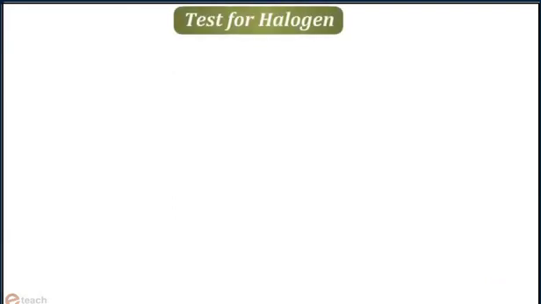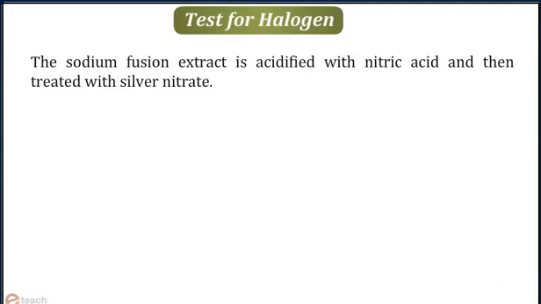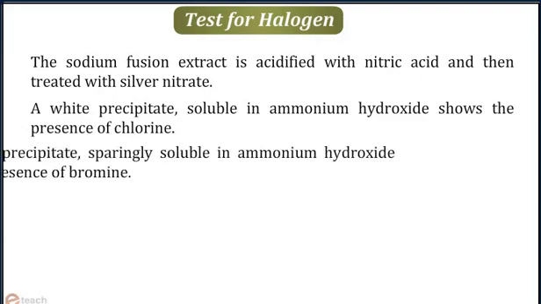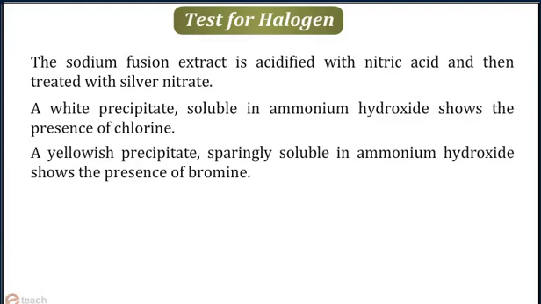Test for halogen. The sodium fusion extract is acidified with nitric acid and then treated with silver nitrate. A white precipitate soluble in ammonium hydroxide shows the presence of chlorine. A yellowish precipitate sparingly soluble in ammonium hydroxide shows the presence of bromine.